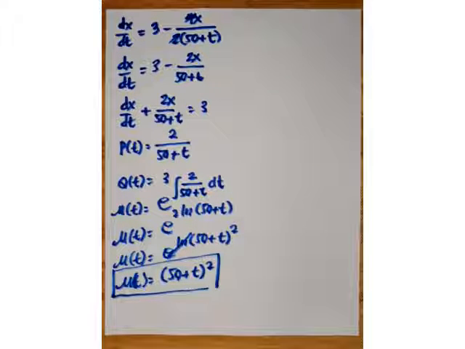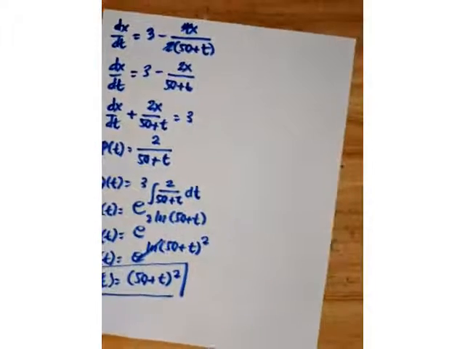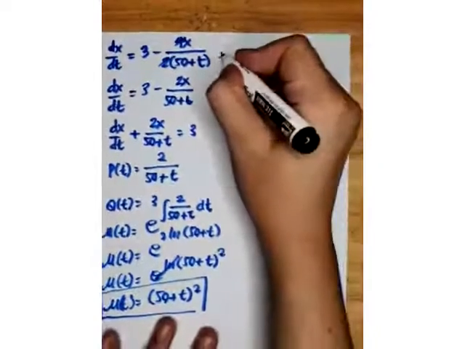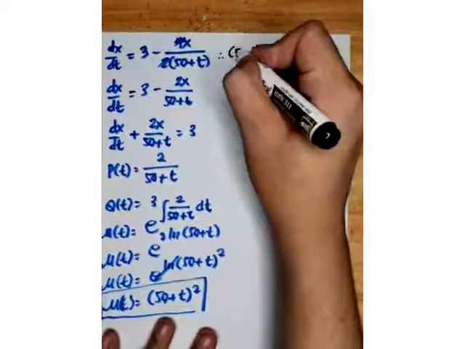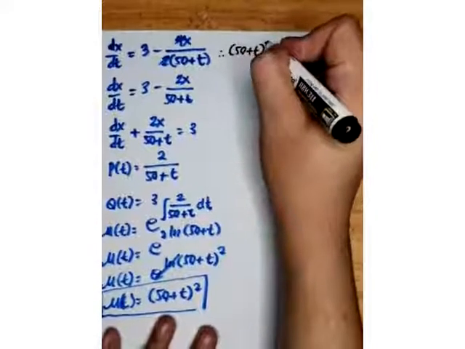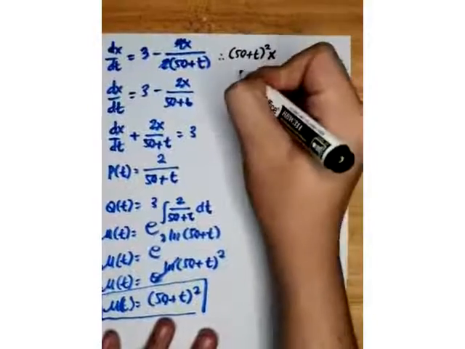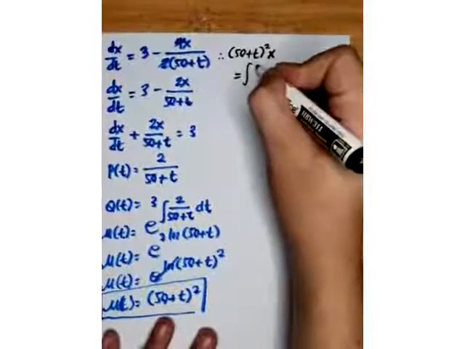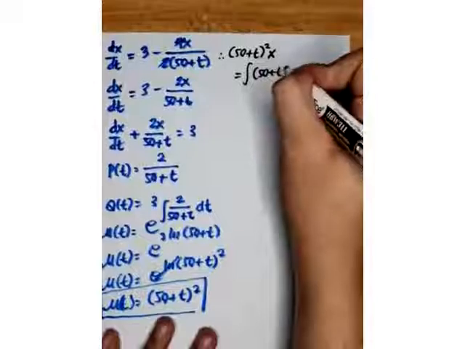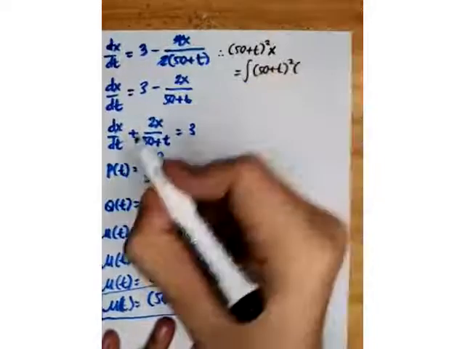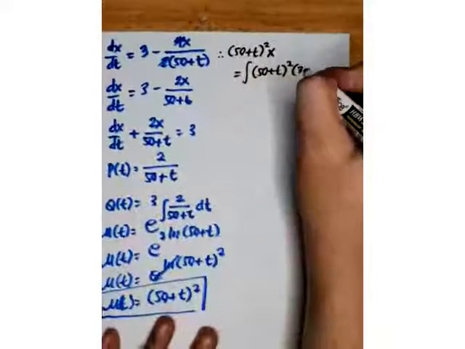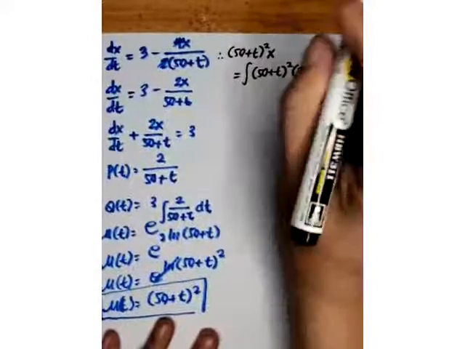So that's our integrating factor. So now let's apply that to our formula for linear equation. So therefore, 50 plus t squared times x is equal to the integral of 50 plus t squared times yung q of t natin, which is 3, dt plus c.